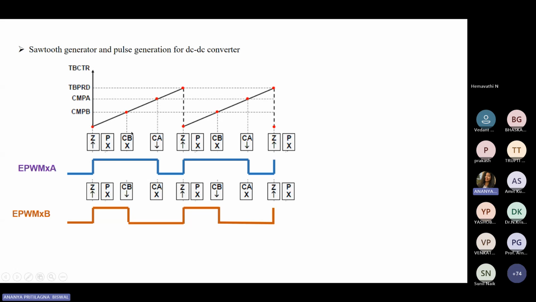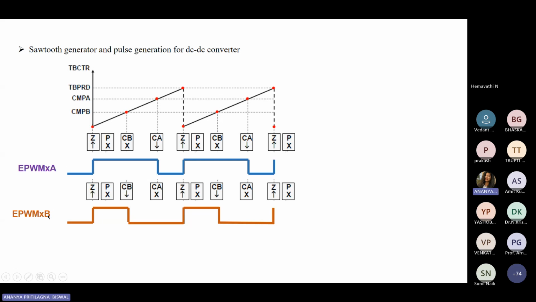And then coming to comparator B, that is CMPB, it will do nothing so that it will continue. And at comparator A it will clear, so that there is the falling edge.